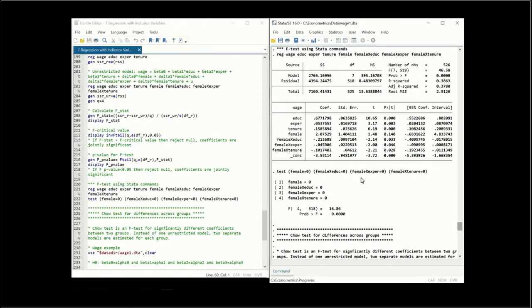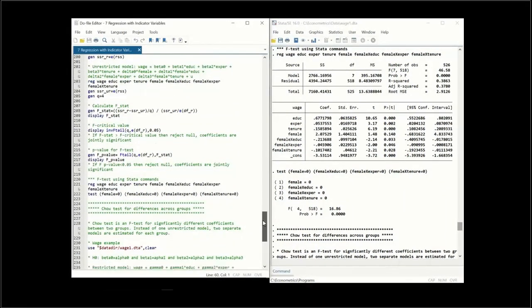What this means is that because we have significant differences, we should be estimating the full model here as opposed to the restricted model, or we should be estimating 2 separate models for males and females, because all of these coefficients are jointly significantly different from 0.